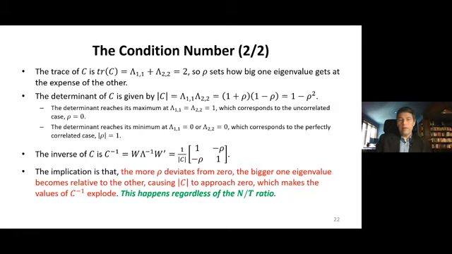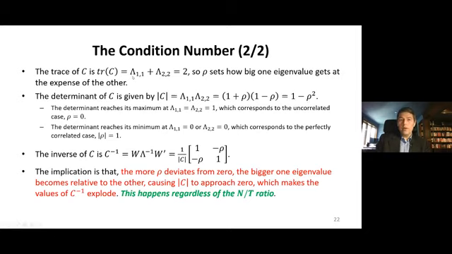In fact, we can see that also when we compute the determinant of the correlation matrix. The determinant of the correlation matrix is going to be the product of the eigenvalues, and that's 1 plus rho times 1 minus rho, which is 1 minus rho squared. What this means is the following.